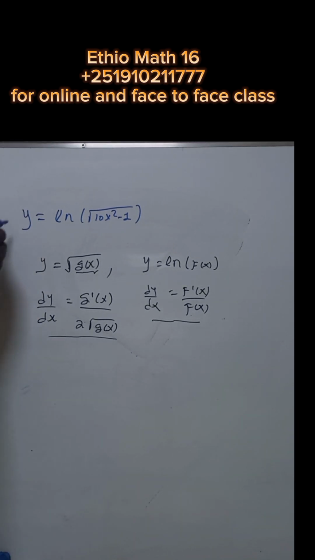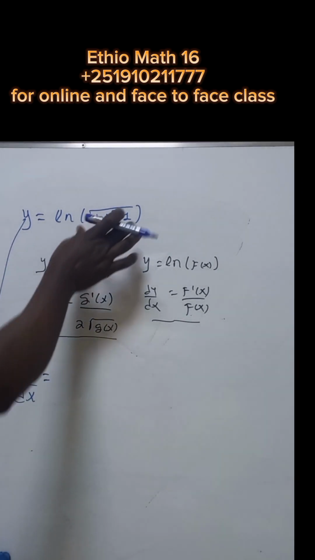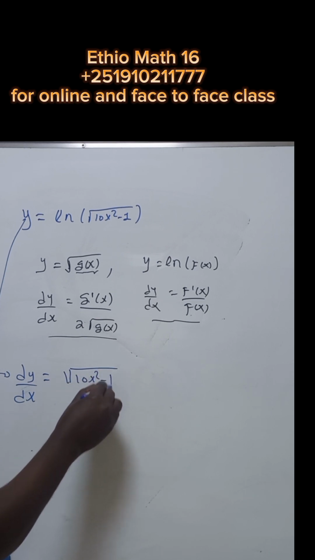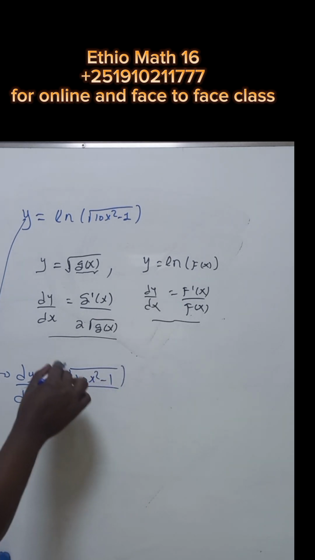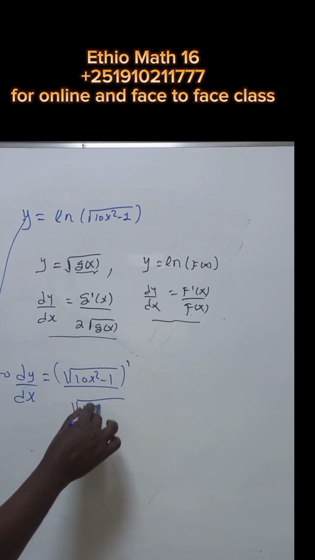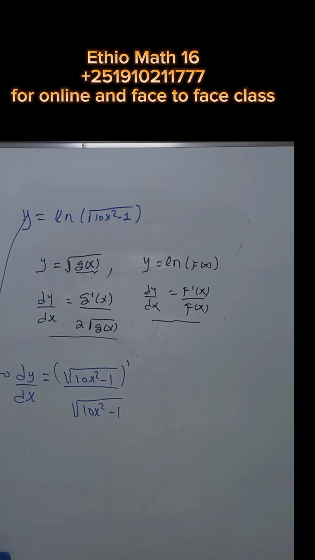The derivative of this function, dy divided by dx, is immediately given by the derivative of the square root of 10x squared minus 1 over the radical of itself, the square root of 10x squared minus 1. That means in the first step I applied the principle of the natural logarithm, ln of f of x.